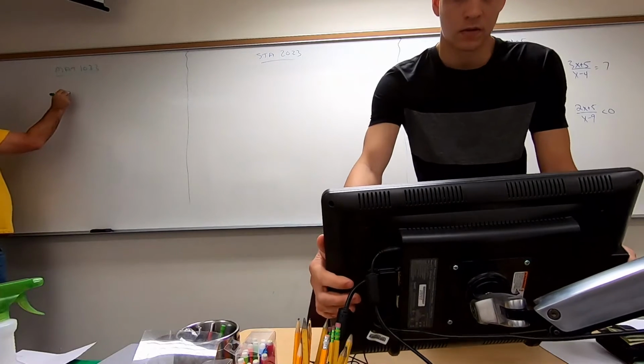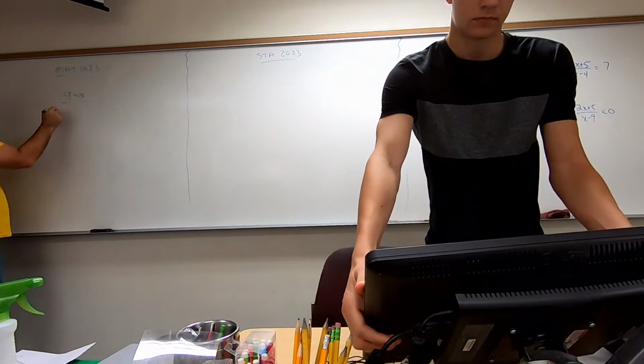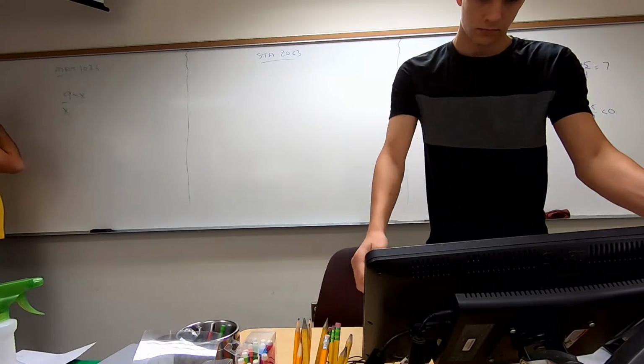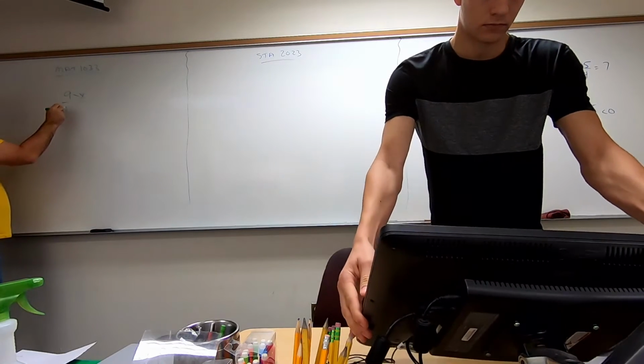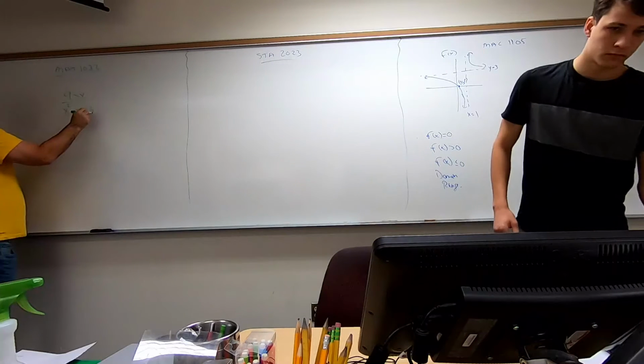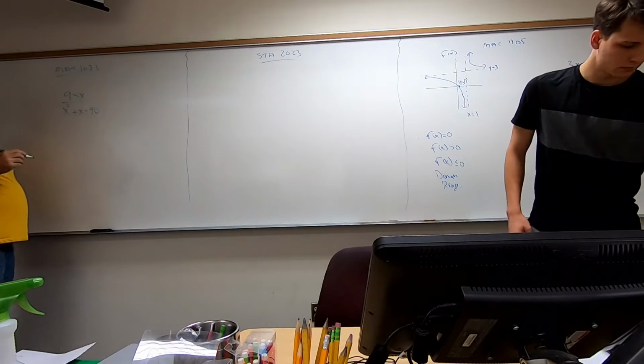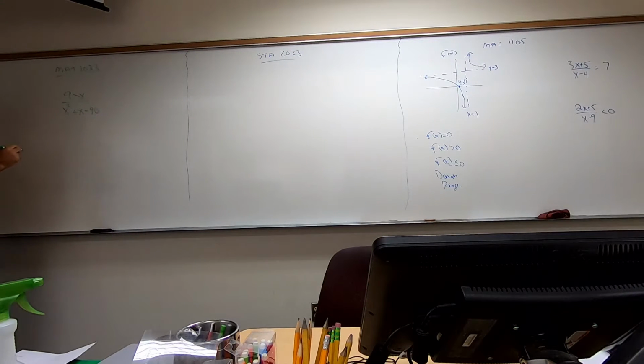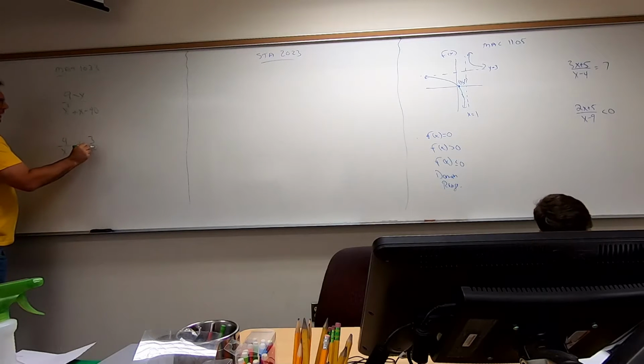Let's go 9 minus x over x squared plus x minus 90. Okay. Let's go 4 over x plus 3 over x squared plus 7x.